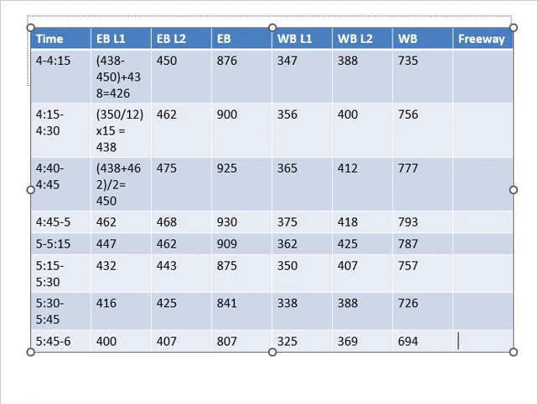Okay, now what you will do for the freeway? Take east and west totals and add them. So 876 plus 735. How much? 1611.